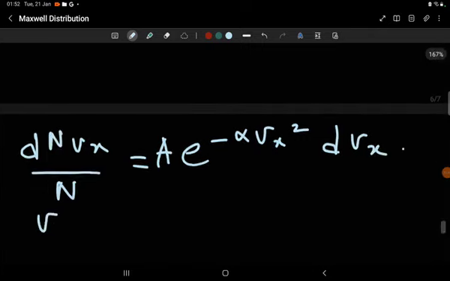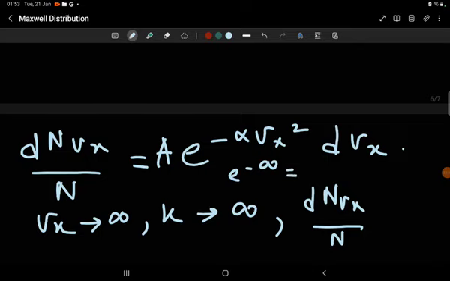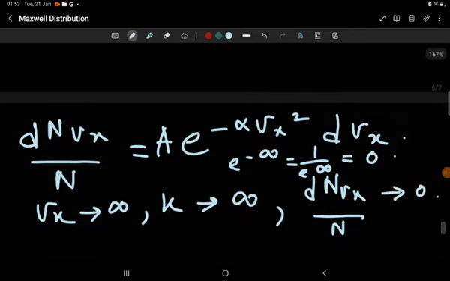If vx now tends to infinity, kinetic energy tends to infinity, and if you put infinity in this equation, e to the power minus a large number is 1 by e to the power a large number, and this actually tends to 0. This is perfectly fine.